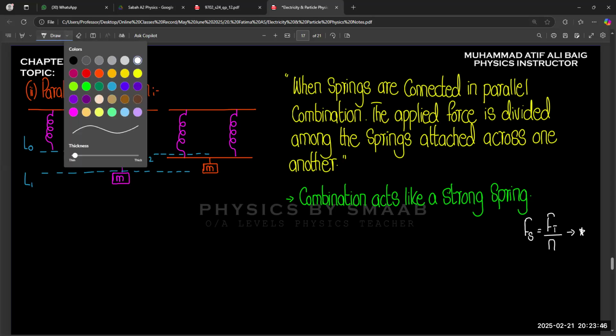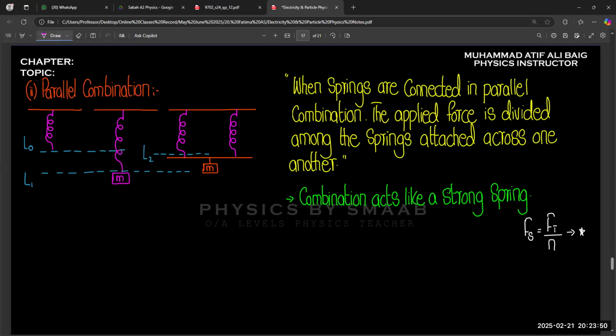So this time if we talk about extensions, the equation for the extension will be 1 over xt equals 1 over x1 plus 1 over x2 plus 1 over x3 up to xn.